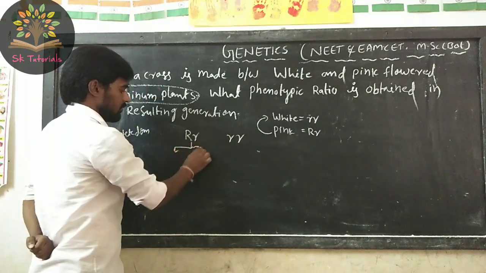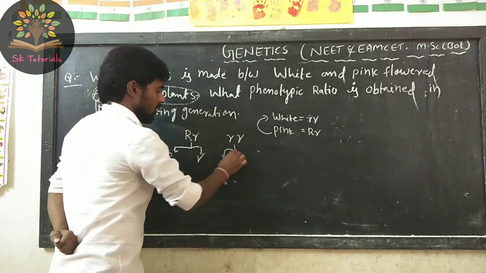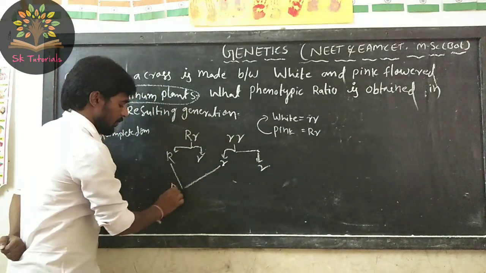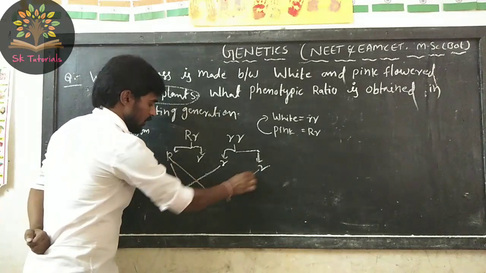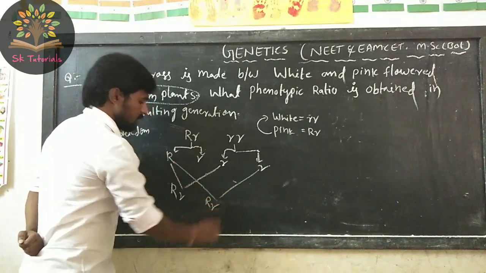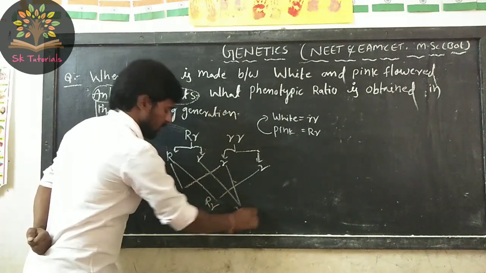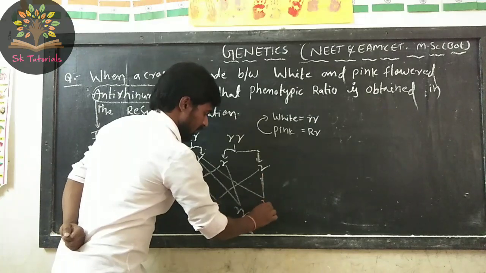Simple. Capital R, small r, cross that. Capital R, small r. Next one, small r. Next, small r.